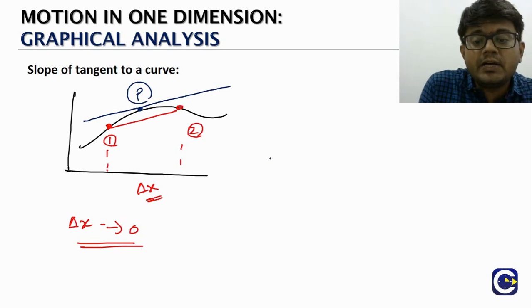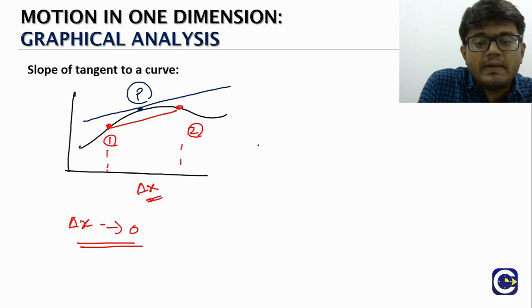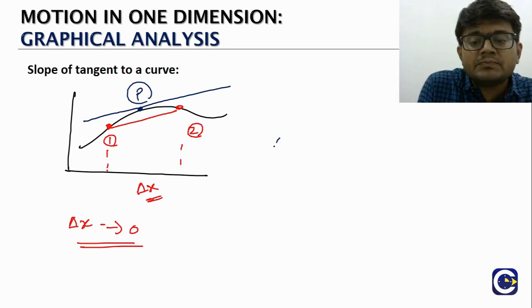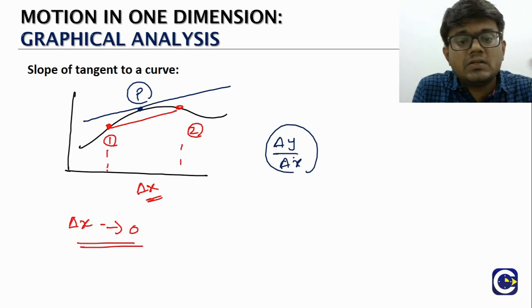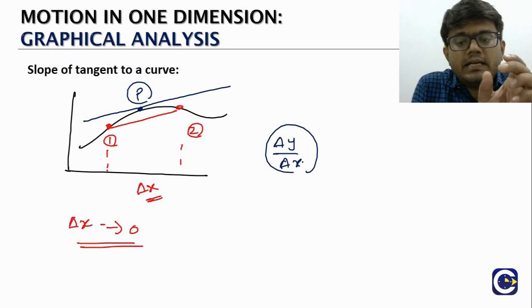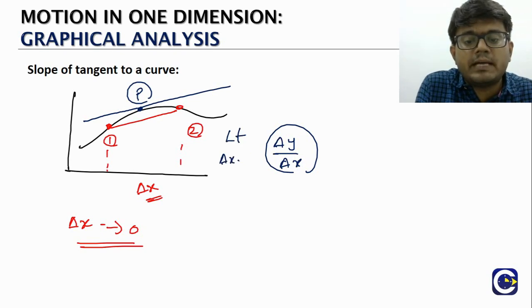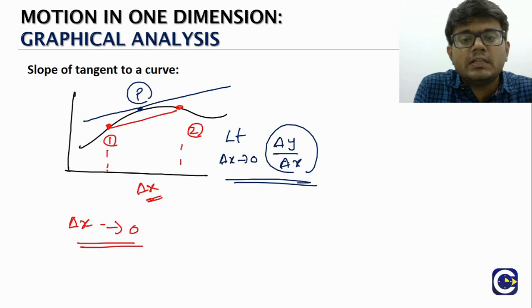So if you take the chord and make the 2 points of the chord approach each other, mathematically, delta y by delta x is the slope of the chord. So we will have to make delta x approach 0. So that has to become very, very small. In mathematical language we will call it the limiting principle.